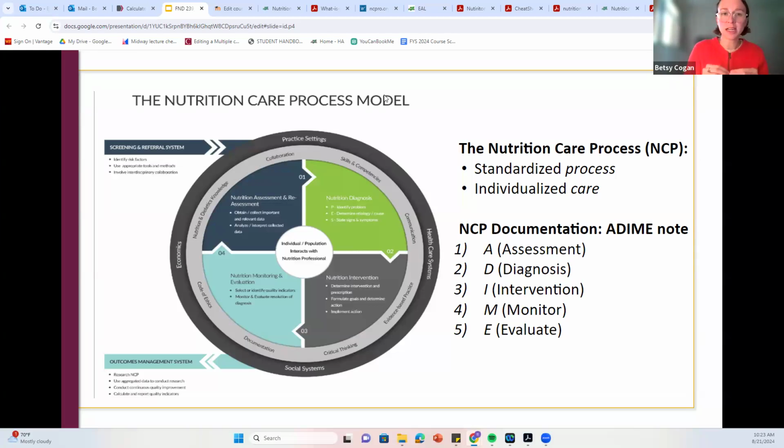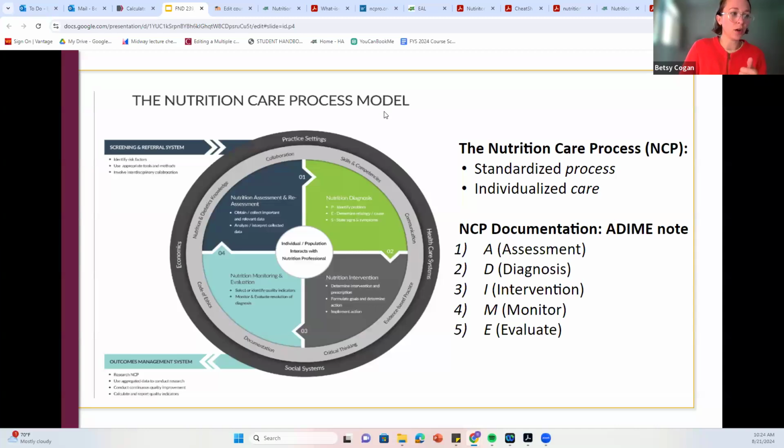But when it comes down to it, the NCP is a template for the ADIME note, or the process that we must all go through when approaching a client that we've either been referred to or been requested to do a screening for.